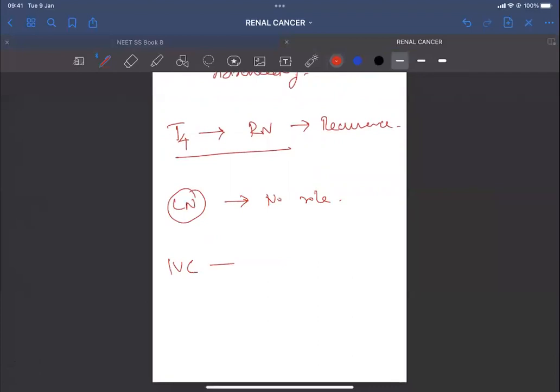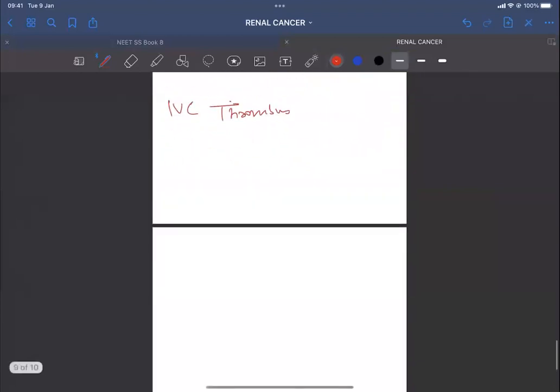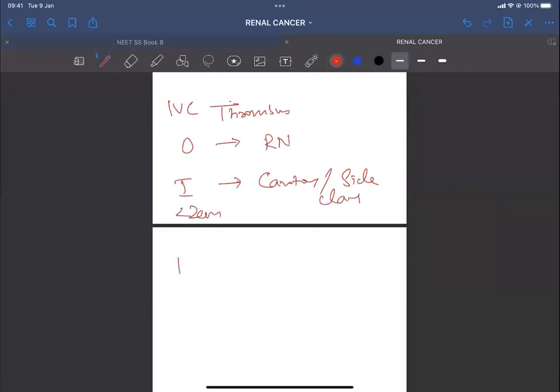IVC thrombus depends on the level. You can do a radical nephrectomy, cavotomy, or a side clamp because it's less than 2 centimeters.